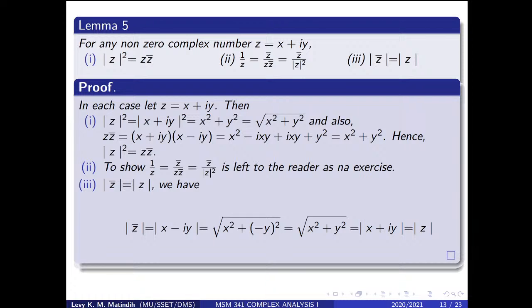Also, if we multiply Z by its complex conjugate, remember Z is equal to x plus iy, its complex conjugate is equal to x minus iy, which is the difference of two squares, we are still going to get the square of x plus the square of y. So from this scenario, we are able to see that the square of the modulus of Z is equal to the product of Z by its complex conjugate.